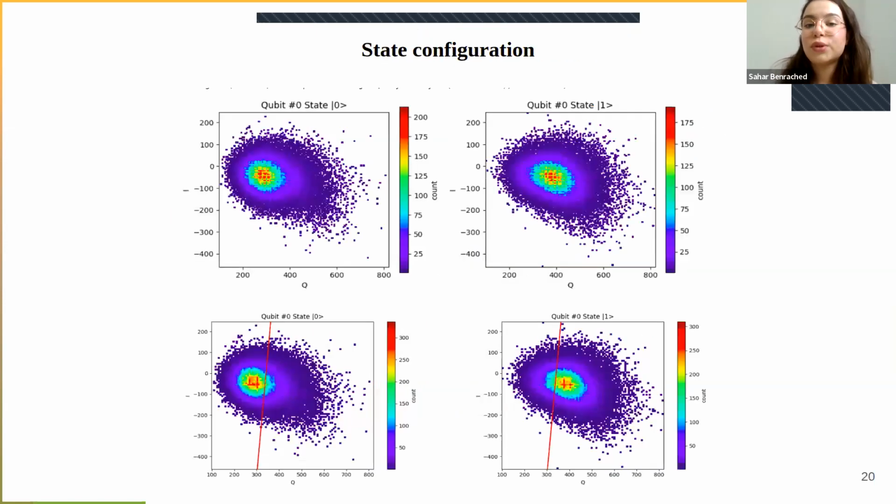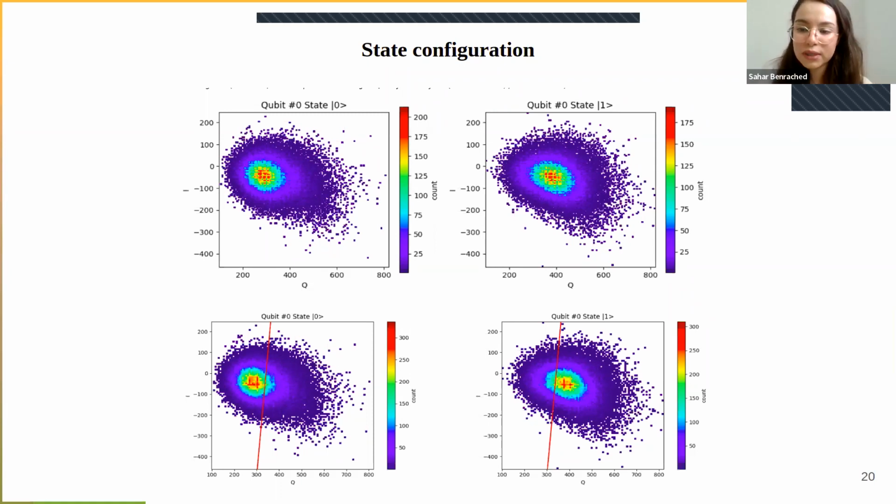So also, it's important to do the state configuration. For the state configuration, we do multiple readouts or measurements of our qubit in the excited state or the ground state in order to create these clouds, okay? And according to the concentration of our measurement results, we define which coordinates correspond to the state 1 and which coordinates would yield the state 0.